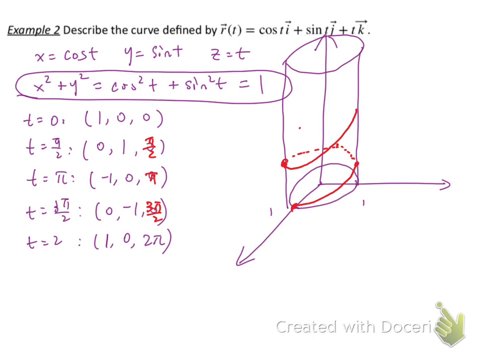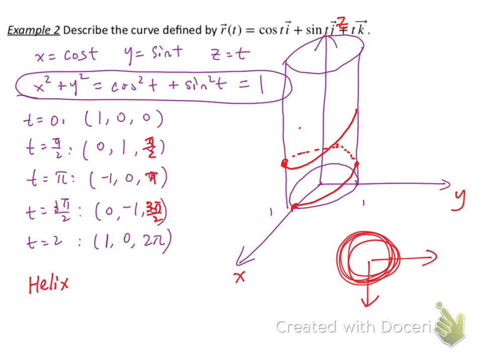This is a curve that, if you look at the xy projection, goes around forever, but meanwhile it's going up, and this is called a helix that spirals upward.